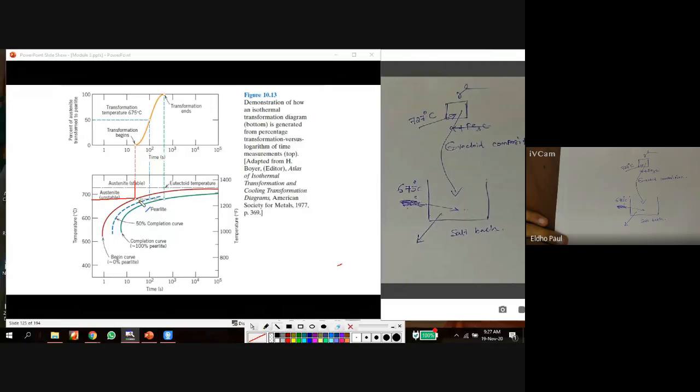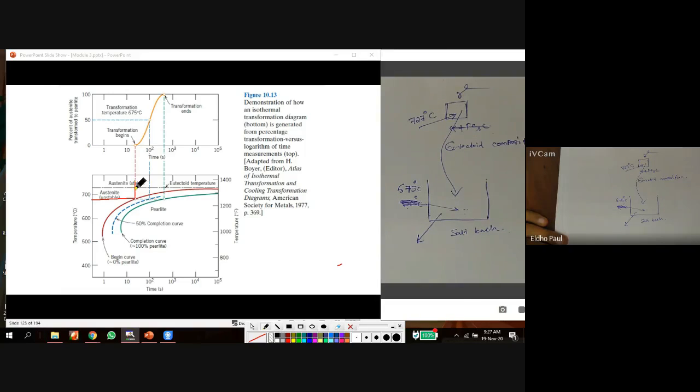Okay, at this point, the transformation starts. Here we can say it is 100% austenite. But we can see the austenite is unstable here. But above 727 degrees, austenite is stable. That means with respect to time, there will not be any change in the austenite.